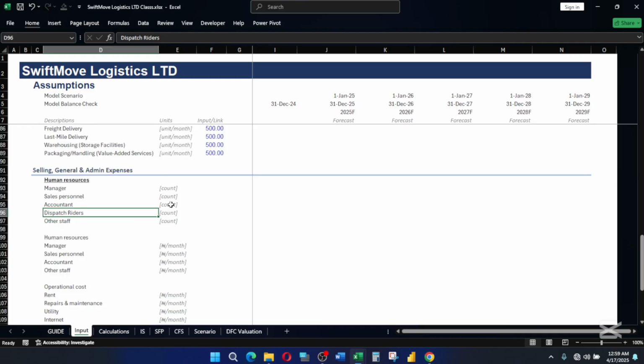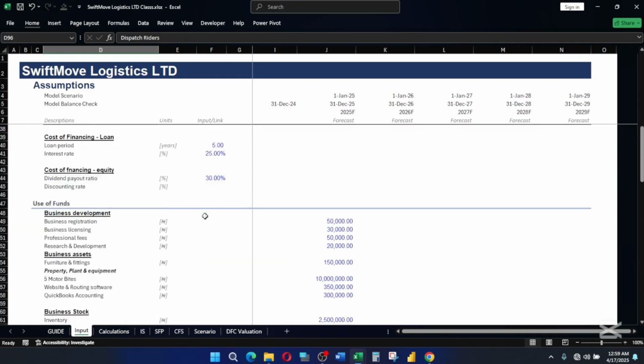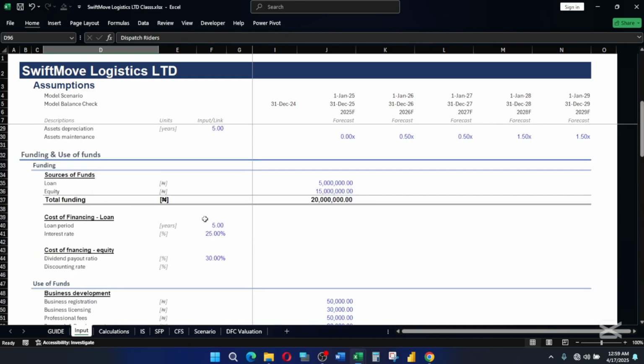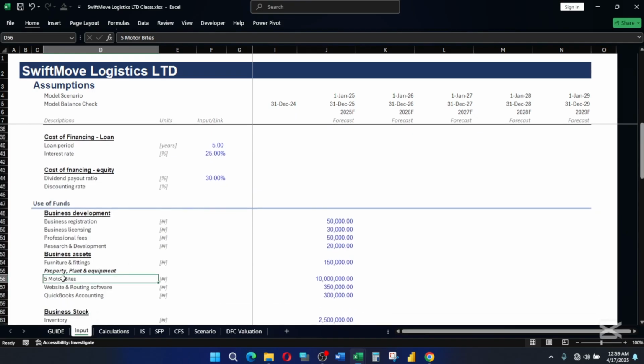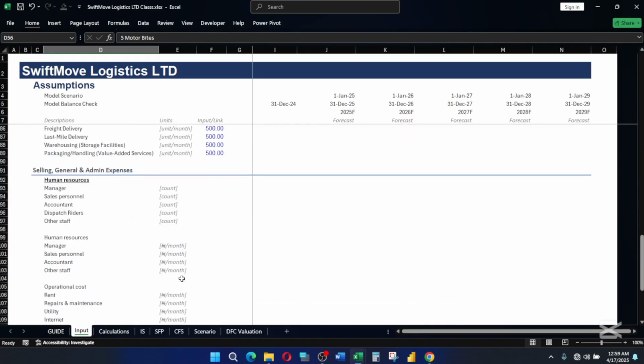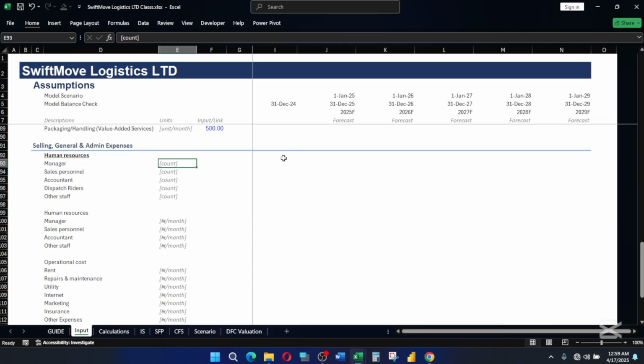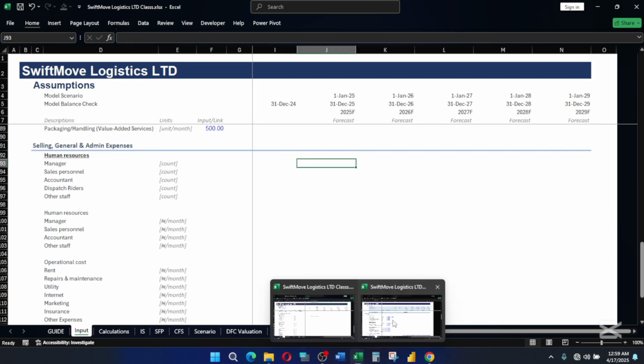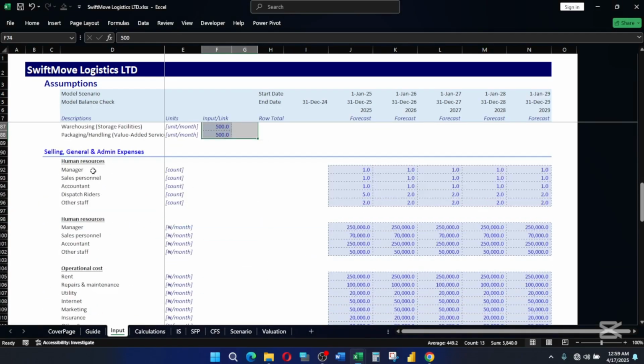Because remember we have 5 bikes, so that means we are going to have 5 dispatch riders. So the head count is going to be the number of staff we are going to have in each of these departments. So under this we are going to have 1 manager, 1 sales personnel, 1 accountant, and 5 dispatch riders in the first year.